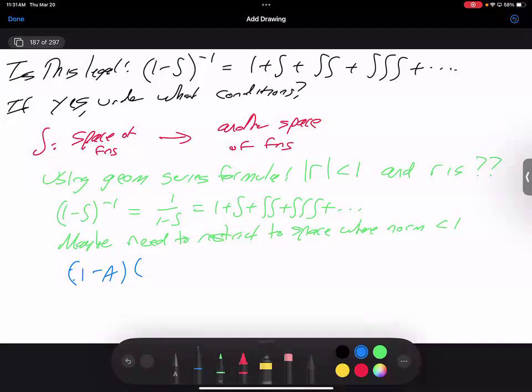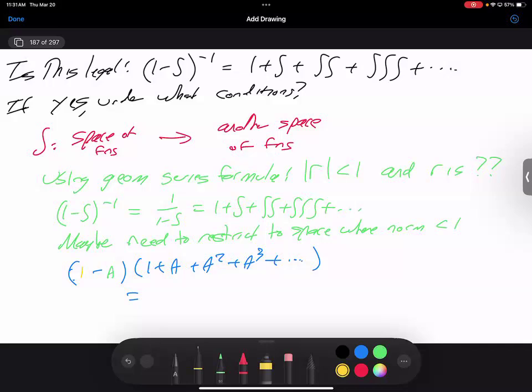I give you 1 minus A, and I give you 1 plus A squared plus A cubed plus dot dot dot. And if you expand, when the 1 hits everything, let's put them in different colors. I'll put the 1 in gold, and I'll put the A in green.